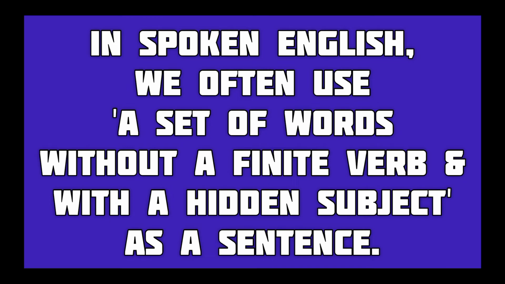At the outset, I told you that the sentence has two parts: the subject, which is a noun or a pronoun, and the predicate, which has at least a single finite verb. However, in spoken or communicative English, we often use a set of words without a verb and with a hidden subject not clearly used as a sentence.